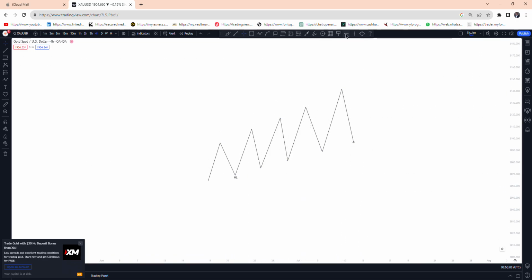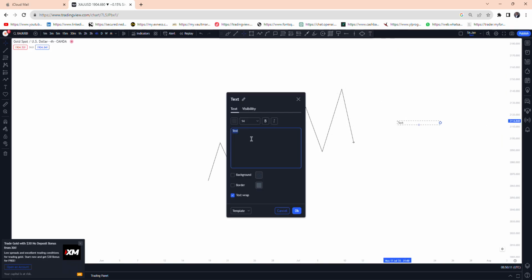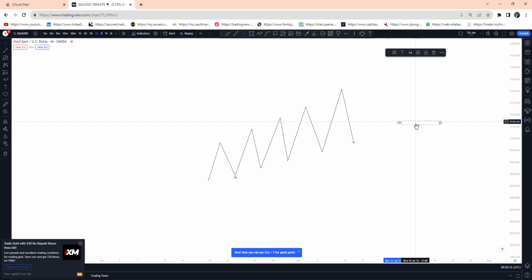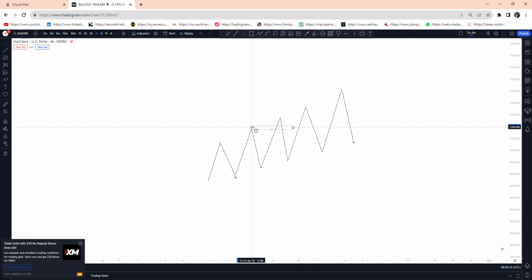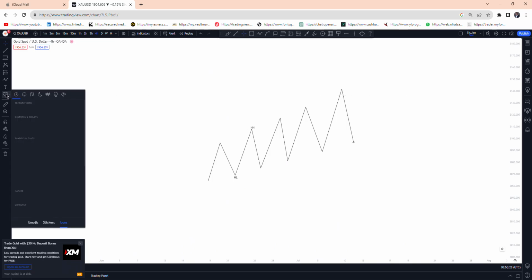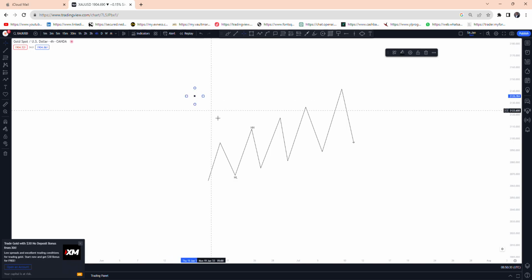We have higher highs, simply because this is a bullish structure. So, in most cases, I like using this thing here because it makes things easy for me to identify.